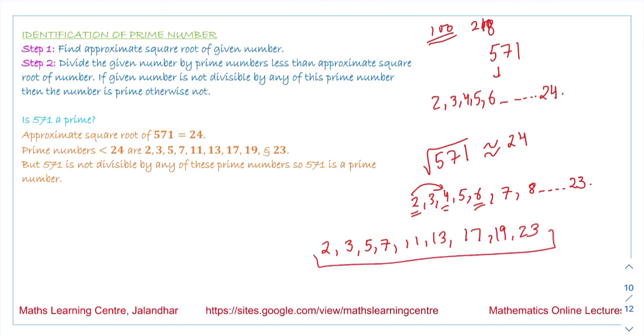If this number 571 is not divisible by all these numbers, then it is a prime number. You need not check with all the numbers, you just need to check with these numbers.